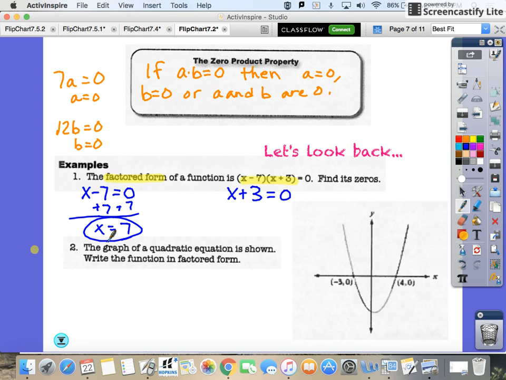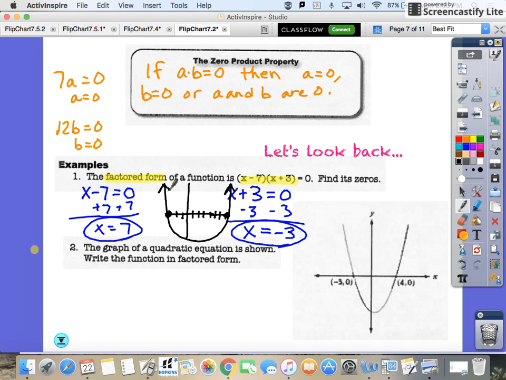So x equals 7, and then here minus 3, x would equal negative 3. So if we were going to graph this one, it would look something like this, where we have a solution here at negative 3 and another one here at 7.